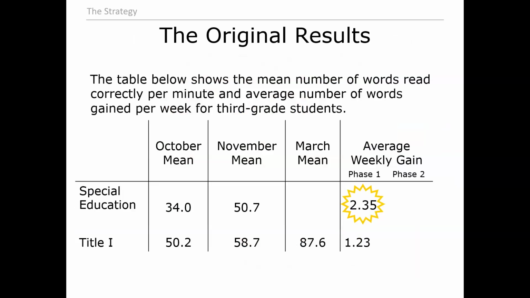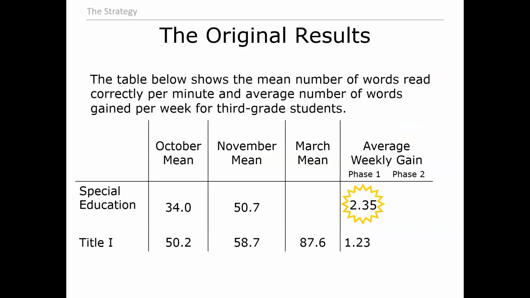We know that this works because we have research on it, and this is a summary of a research study done by our founder, Candace Einott, and she worked with special education and Title I students. And for her graduate program, she did a study where she looked at using these strategies with her students. For her special education students, they had an average weekly gain of 2.35 words a week on those cold, unpracticed readings.